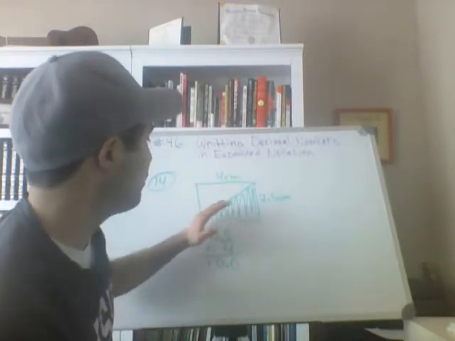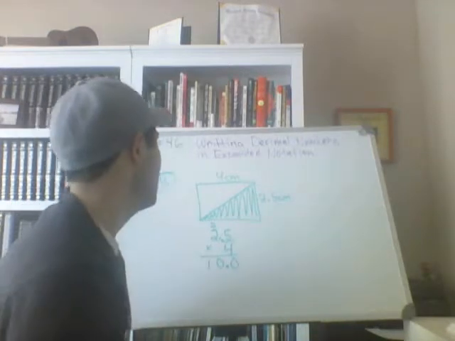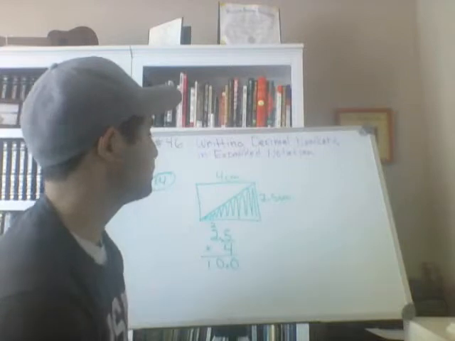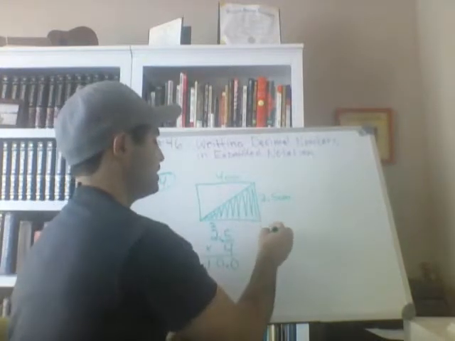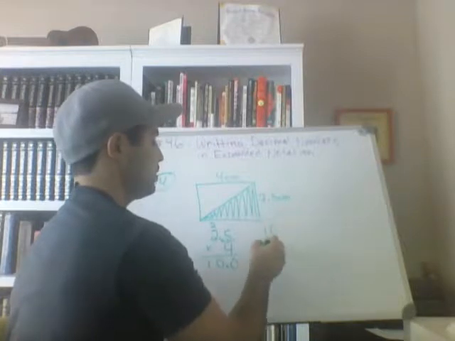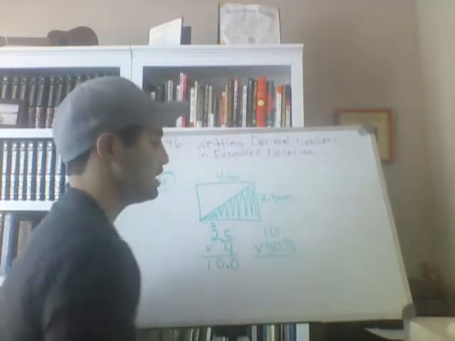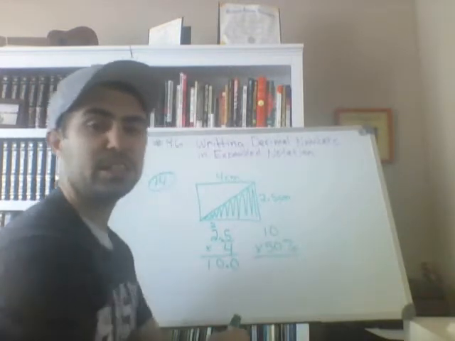Now, we know that half, or 50%, because 1/2 equals 50%, of this rectangle is shaded. Notice this is a triangle. So you're going to take 10, and you're going to multiply that by 50%. Now, if I want to multiply something by a percent, you've got to change it to a decimal.